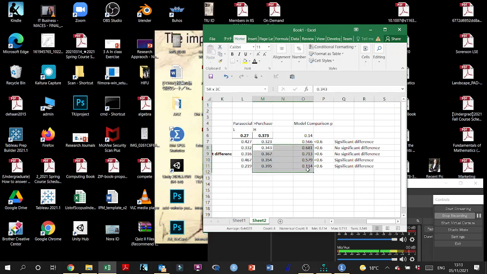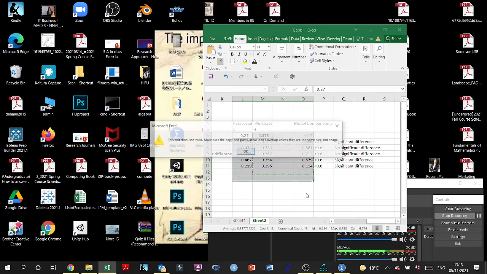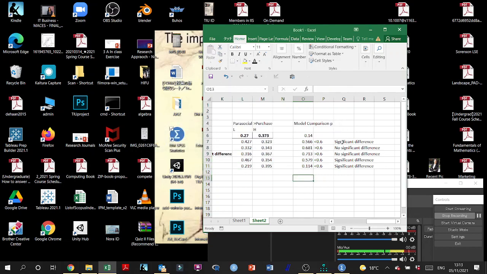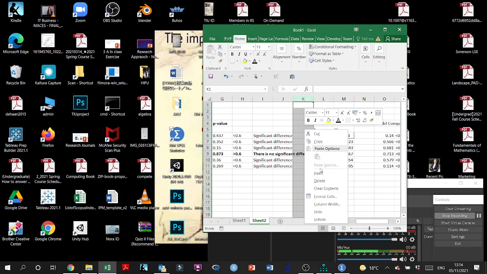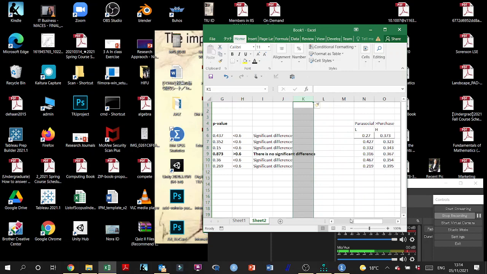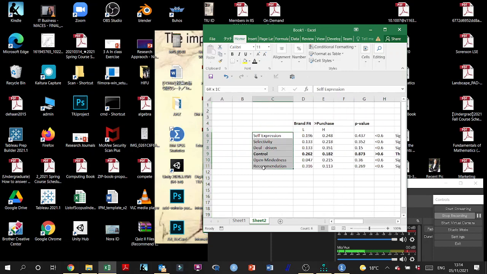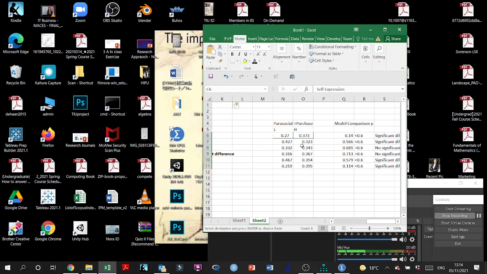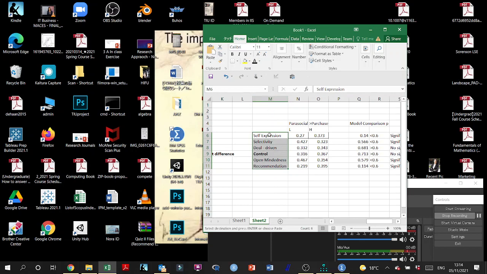So this is what we found, and let me just make it nice and clean. Over here, this is a significant difference. Basically here for these characteristics, let me just add these over here.